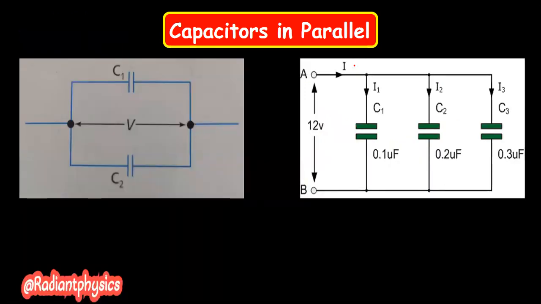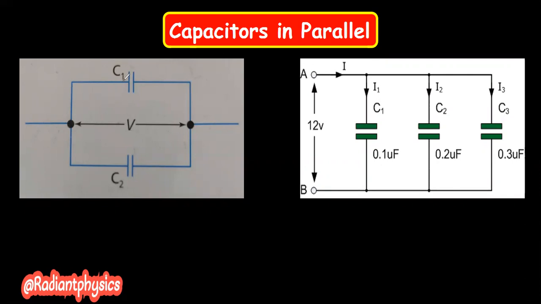Okay, look at the diagram on the screen. Here we have two circuits, and the first one has capacitors connected in parallel to a certain voltage. Here we can find the combined capacitance, or the total capacitance, in these circuits.